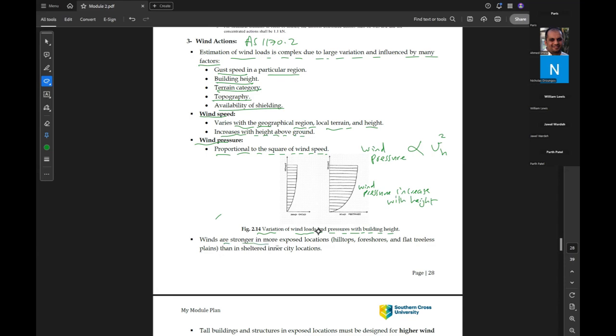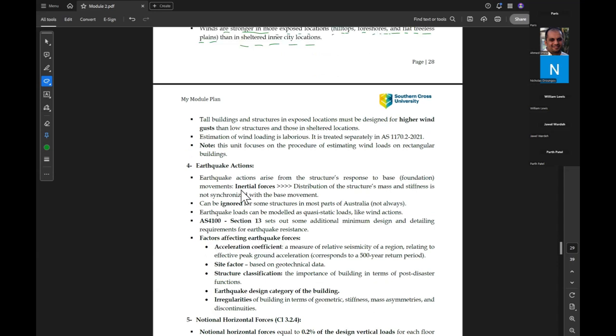Winds are stronger in more exposed locations, like hilltops, foreshores, and flat treeless plains, than in sheltered inner city locations. So because of open or exposed areas, the wind pressure and wind speed are higher. Tall buildings and structures in exposed locations must be designed for higher wind gusts than low structures and those in sheltered locations.